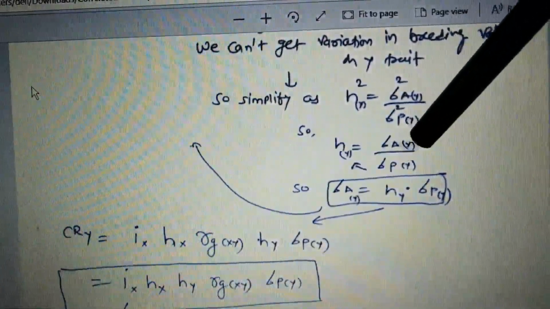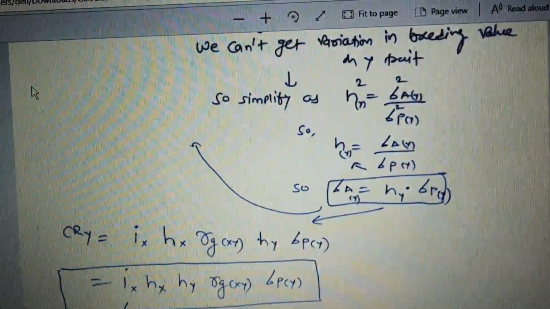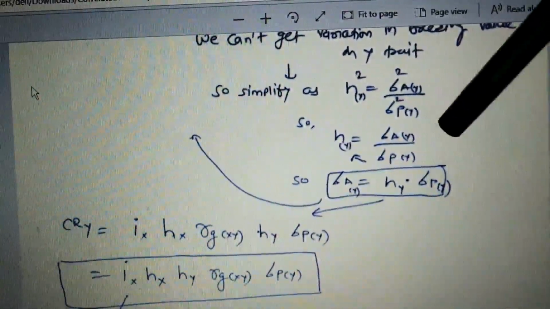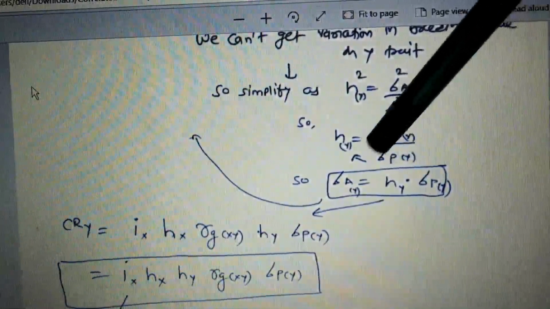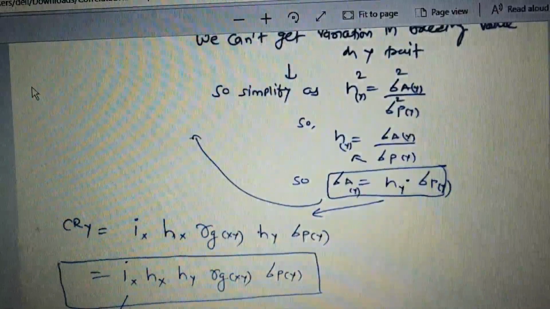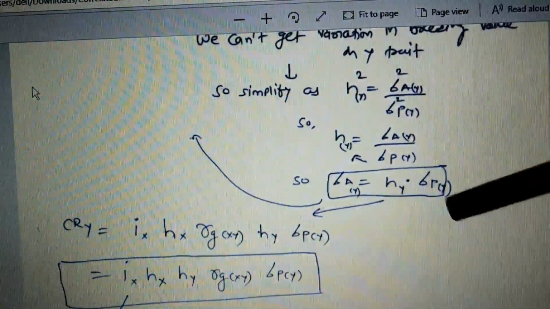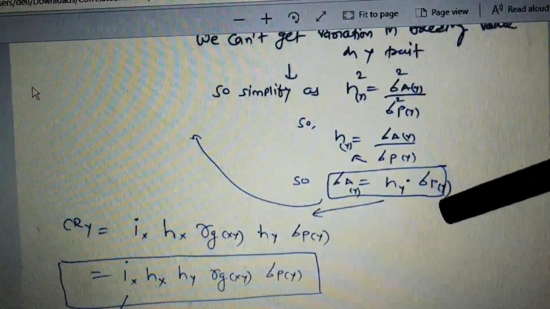So it is the deviation of the breeding value for Y divided by the phenotypic standard deviation for the Y trait. So instead of this portion, the deviation of the breeding value for Y, we can write hy, the square root of heritability for the Y trait, into the phenotypic standard deviation for the Y trait.